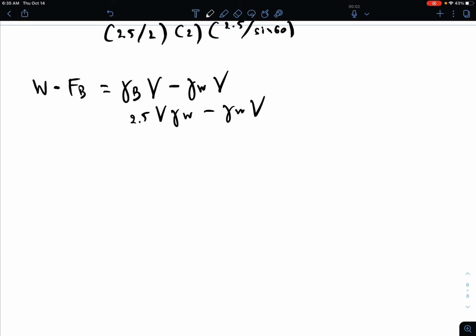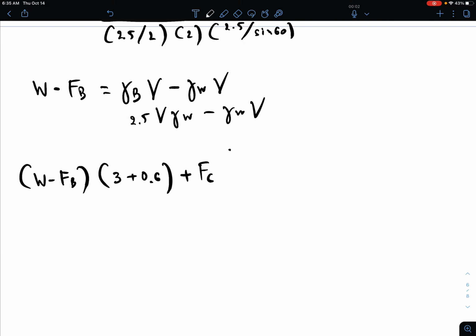All right, so now we know everything to set up the moment balance about the hinge. So let's take them counterclockwise, and we're gonna have W minus FB times, again, the moment arm, which is that 3 meters plus 0.6, and then plus the carbon tetrachloride force.